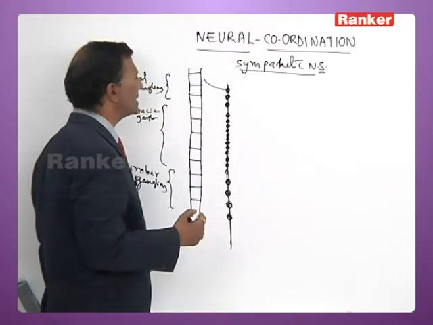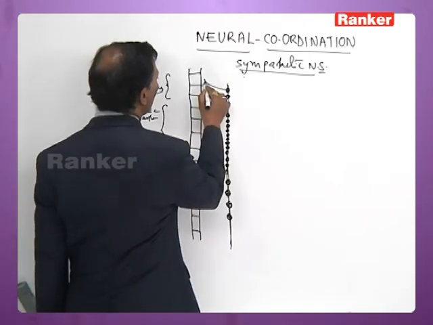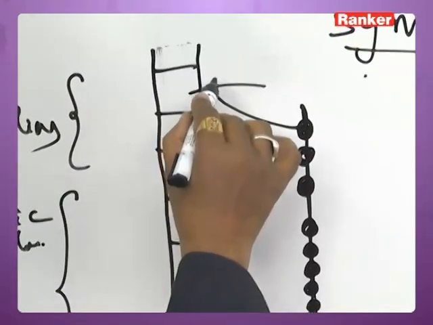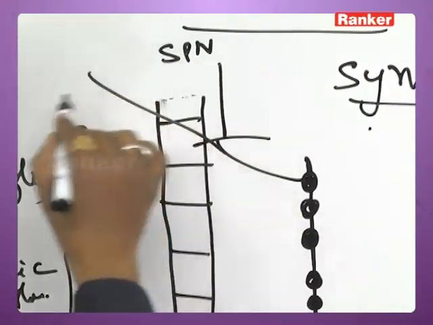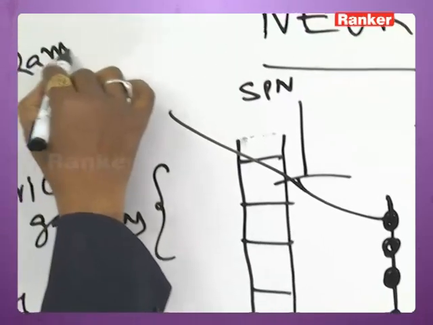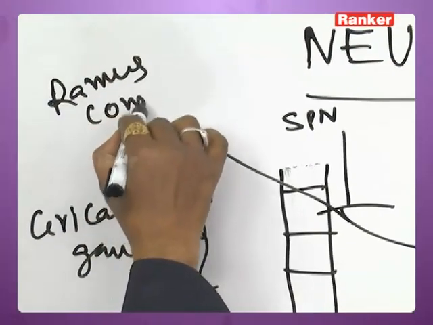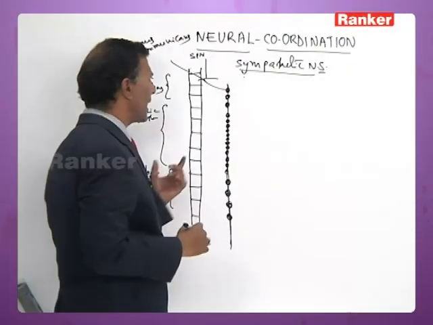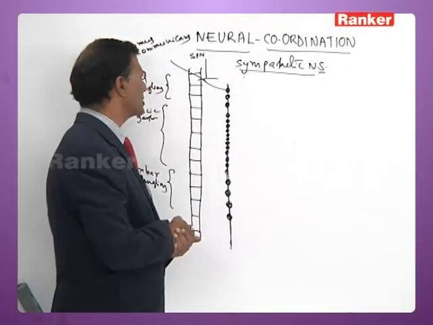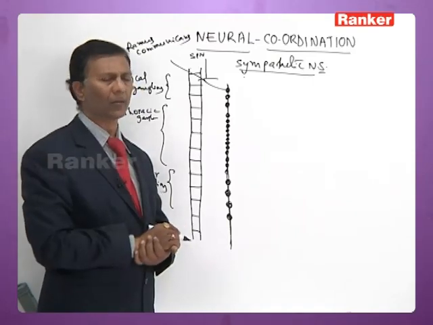So each sympathetic ganglion is connected to corresponding spinal nerve by ramus communicans.